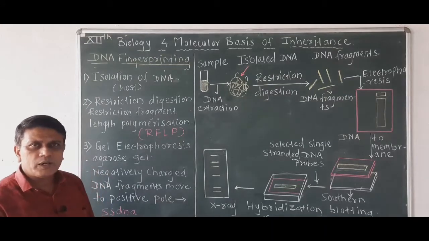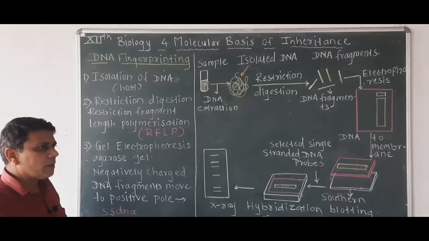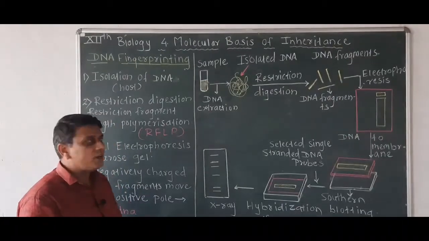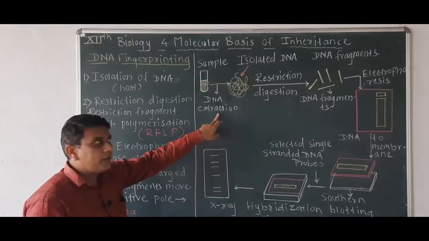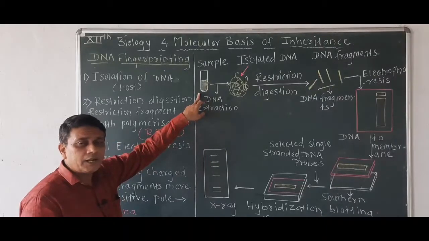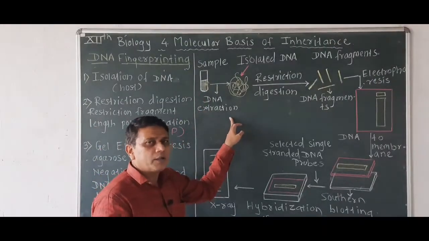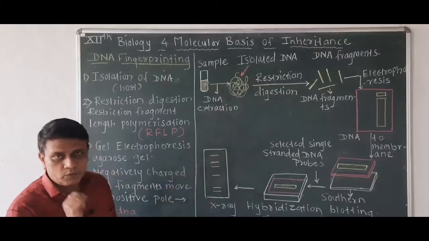From this sample the DNA is isolated. It is called isolation or extraction of DNA. So the sample is collected and from this sample the DNA is separated or extracted and it is purified.